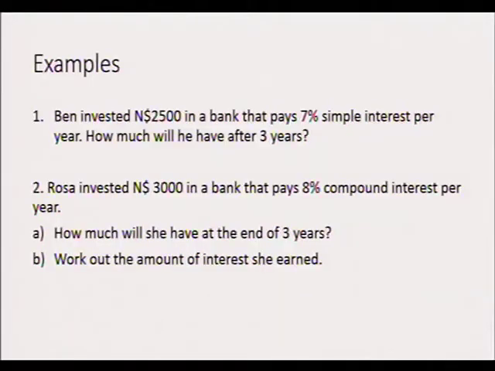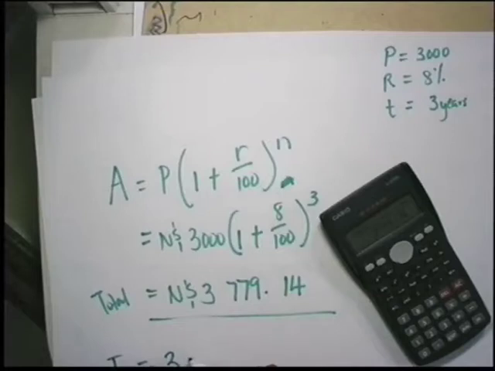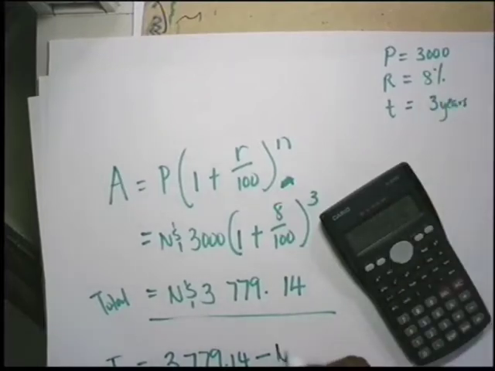Then the next question asks you to work out the interest, how much interest she earned. According to how we work out the interest, look at that one. We subtract from the A, the total. So to work out the interest, take out your A, which is the total, which is 3,779.14, minus the principal, the money that you invested, which is 3,000 Namibian dollars.